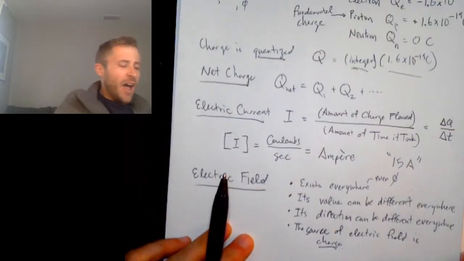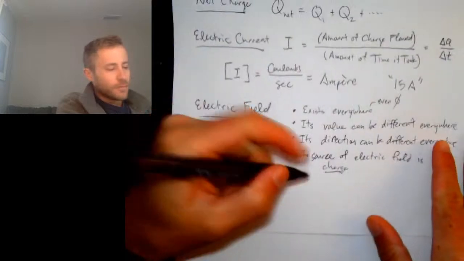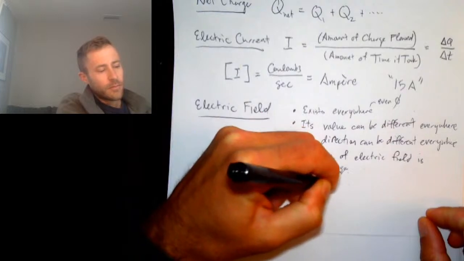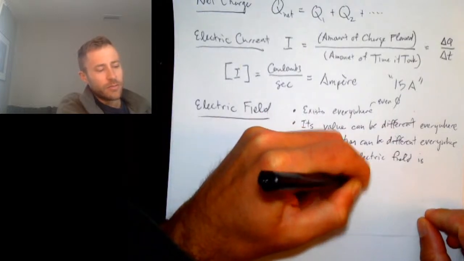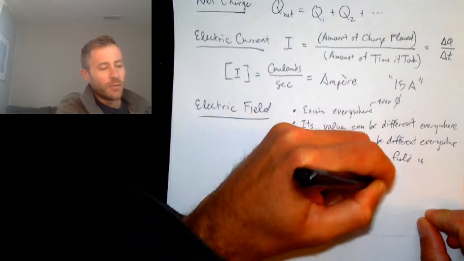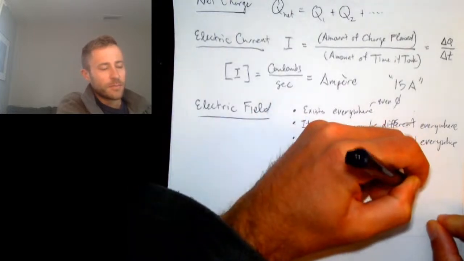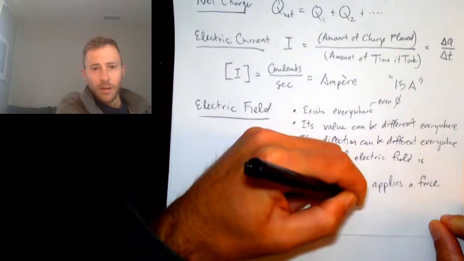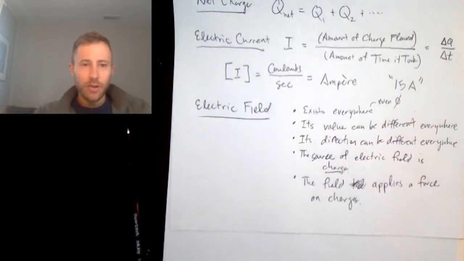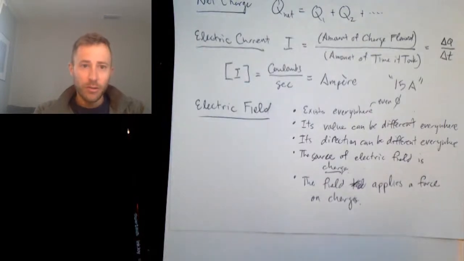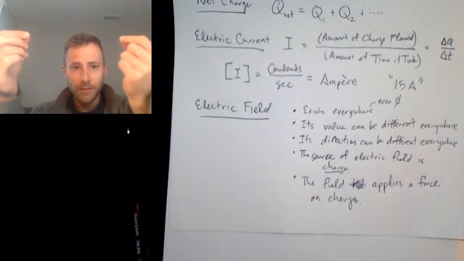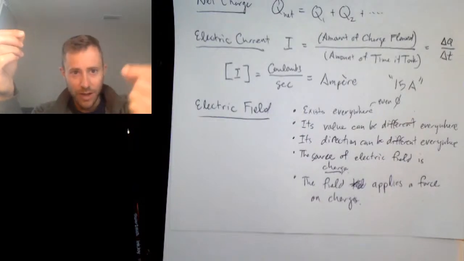And then lastly, the electric field tells charges what to do. Basically, it applies a force on charges. You could think about the electric field as how charges communicate with each other. Charge A creates an electric field, charge B feels the electric field and knows how to move.